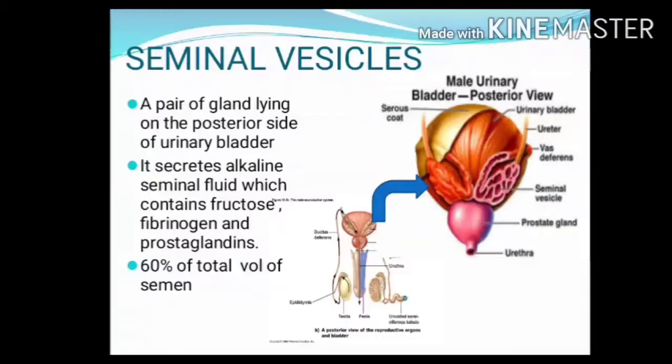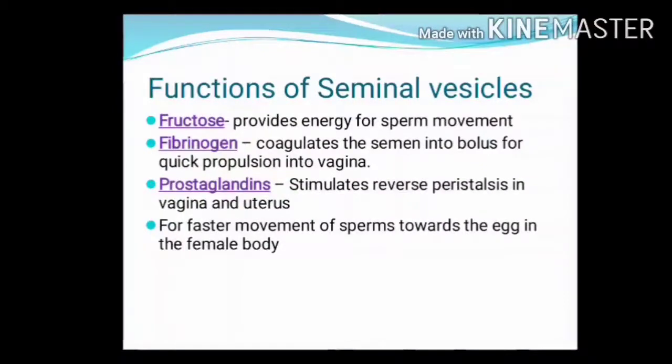It secretes an alkaline seminal fluid which contains fructose, fibrinogen, and prostaglandin, and it contributes about 60% of the total volume of semen. In that, fructose provides energy for sperm for movement.